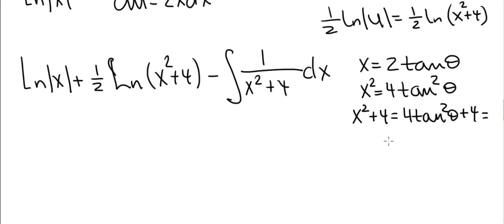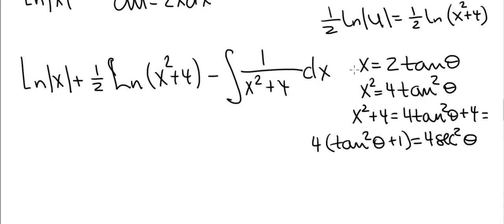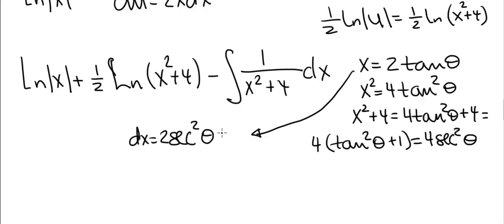This is equal to 4 times tangent squared theta plus 1, and using a trig identity, that is 4 times secant squared of theta. And then from this x, of course, dx is equal to 2 times secant squared theta d theta.